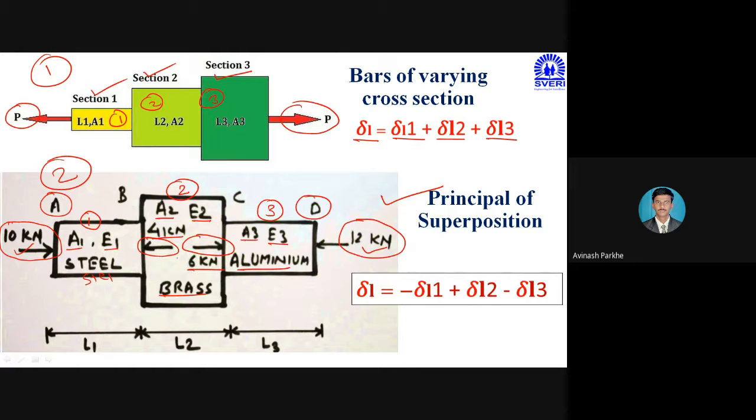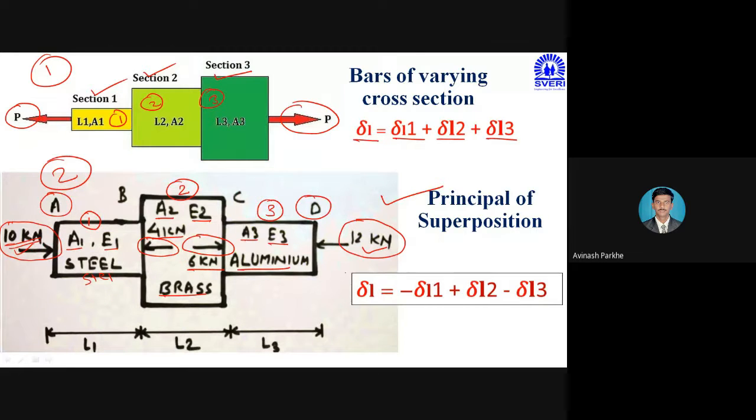In the next figure, or figure number 2, the body is subjected to a number of forces which are applied externally as well as internally. Therefore, this is called the principle of superposition. Now, it is not possible to take this 20 kilonewton force only for our further calculation.